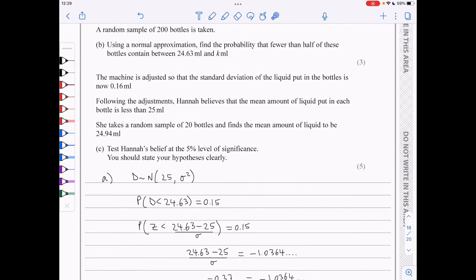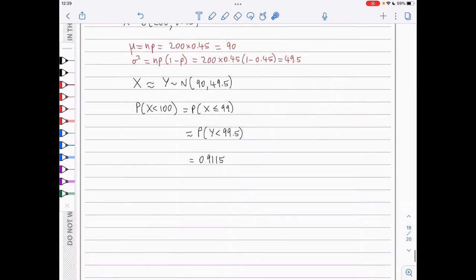Now the machine is adjusted so that the standard deviation is 0.16 ml. Now Hannah believes that the mean amount is less than 25 ml. She took a random sample of 20 bottles. This gave a sample mean of 24.94. We need to test her belief at the 5% level. So hypothesis test here.